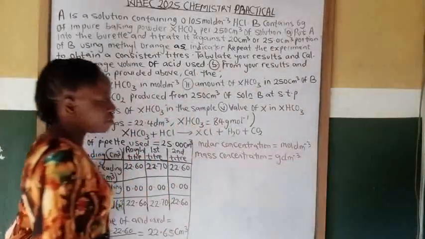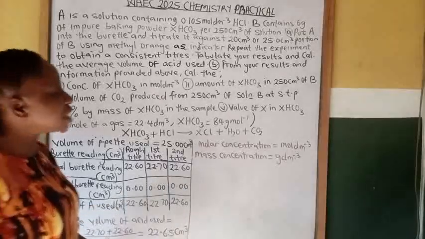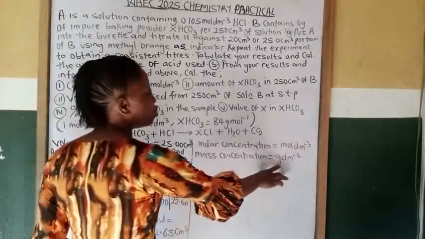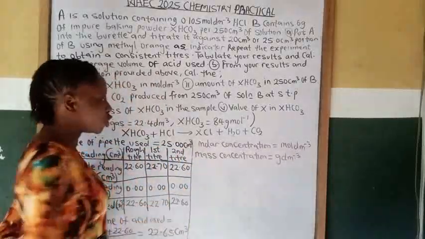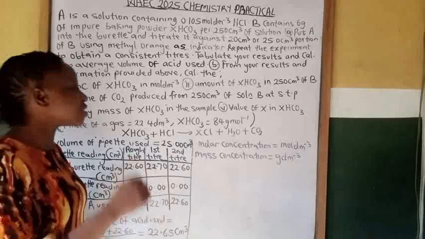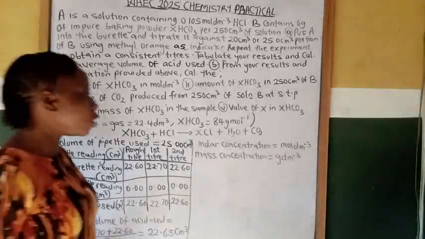So when you see any value in gram per dm cube, it is the mass concentration. It can either be the mass concentration of acid or of base.